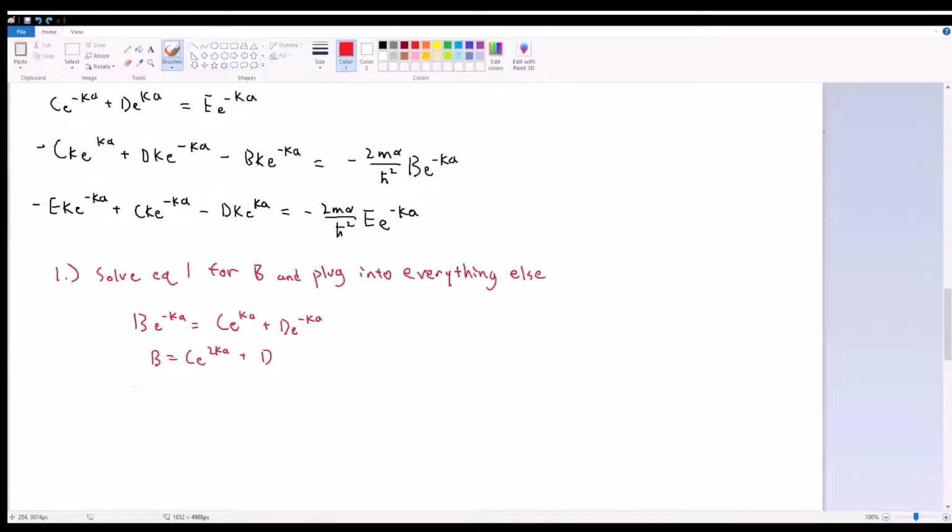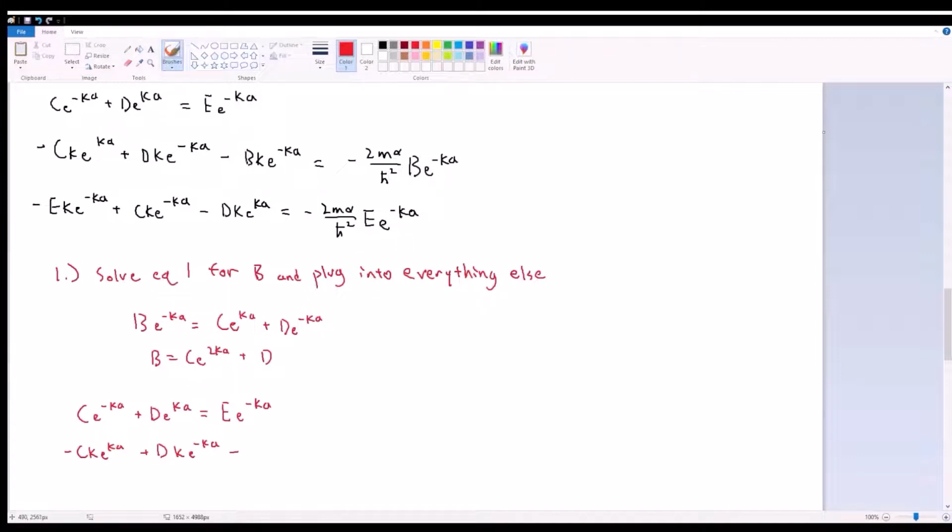So if I do that, equation 1 stays the same because there's no b term: c e^(-ka) plus d e^(ka) is equal to big E times e^(-ka). Next, we have negative ck e^(ka) plus dk e^(-ka) minus, and here we have a b, so we want to start substituting.